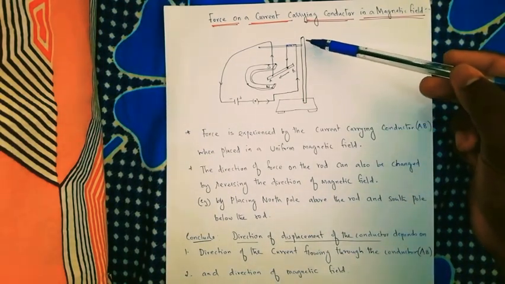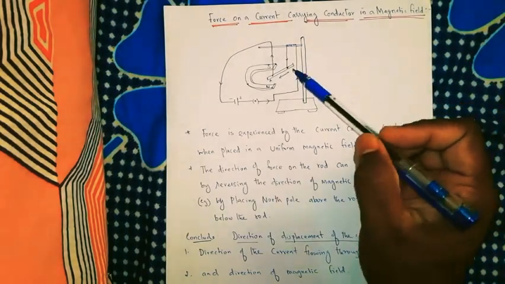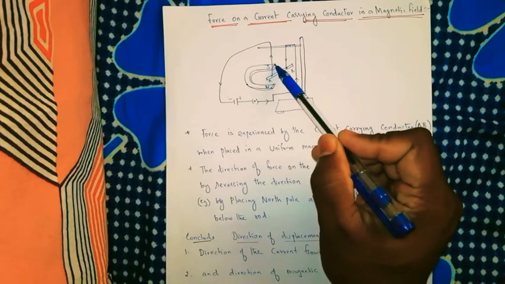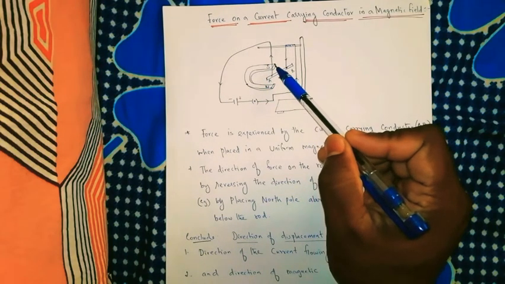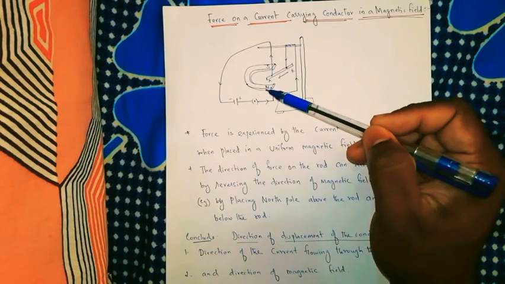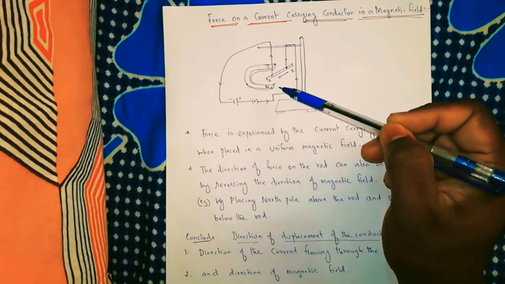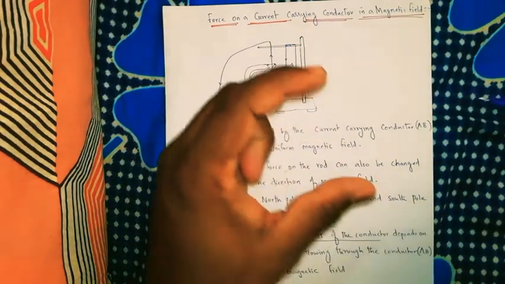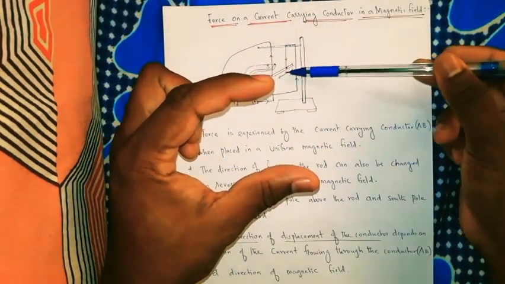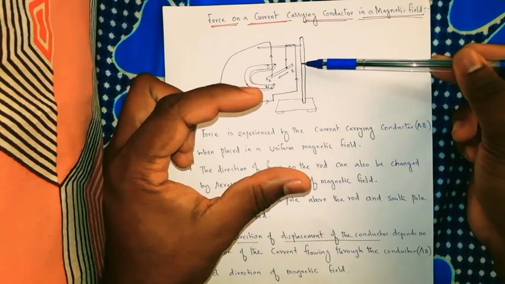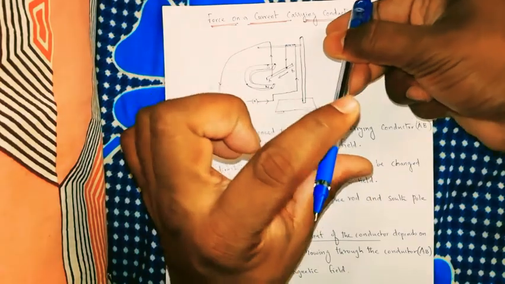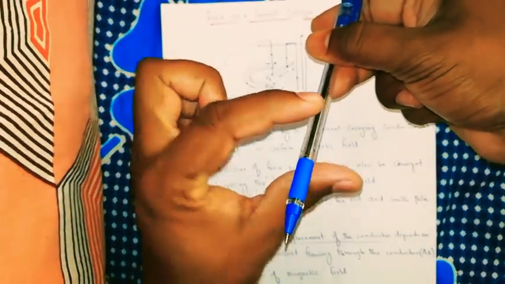There is a stand, and we have a strong horseshoe magnet, suspended in such a way that the south pole is on the top and the north pole is at the bottom. Then AB is an aluminium rod which is suspended in between them. Can you understand?